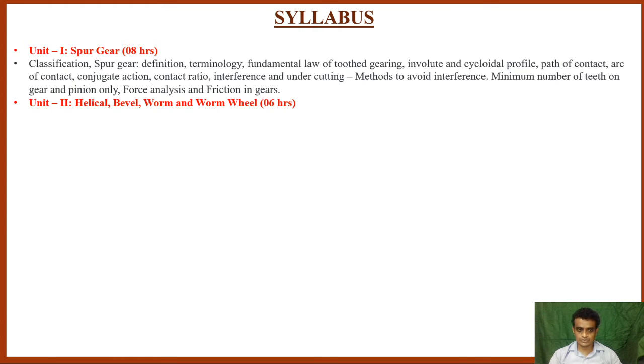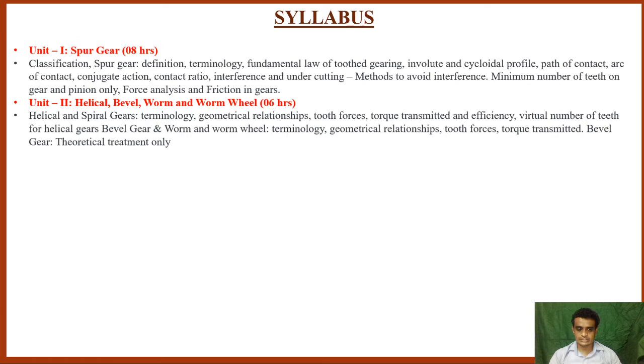Unit number 2 is based on helical, bevel, worm and worm wheel. In this we are going to study the force analysis and the kinematics of the helical, bevel, and the worm and worm wheel. At the end of this unit number 2, you can find their applications. You can classify and recognize which type of gear it is, and why it is called a spur gear or a helical gear.